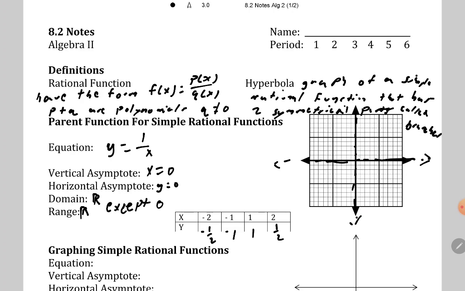And if I plug in 1, I get 1, and then 1/2. -1, -1/2. And this is what your graph looks like.